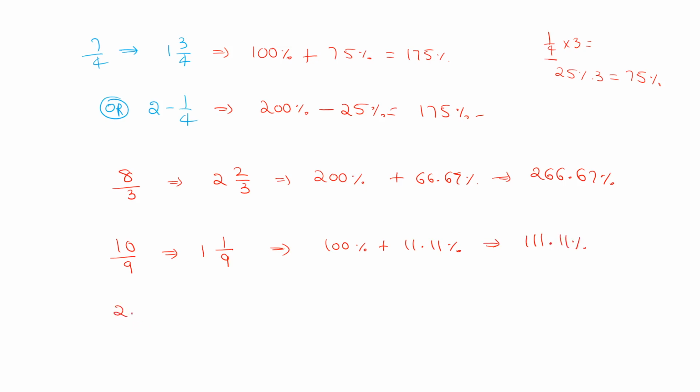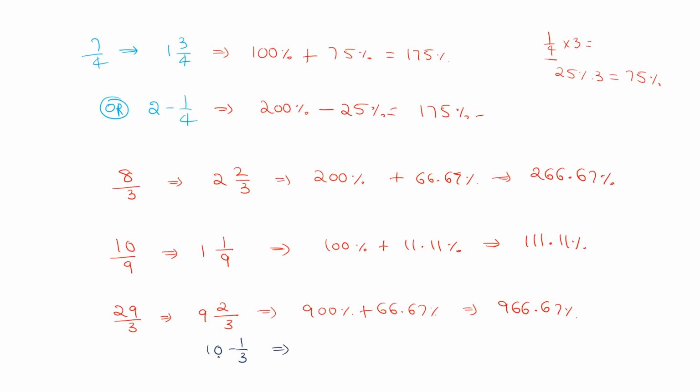If we need to convert 29 upon 3, that can be written as 9 plus 2 by 3. 9 is 900% and 2 upon 3 is 66.67%. That is equal to 966.67%. Or we can take the same 29 upon 3 as 10 minus 1 upon 3.